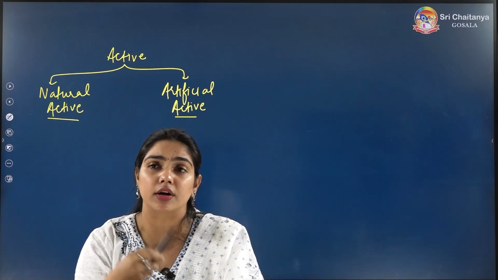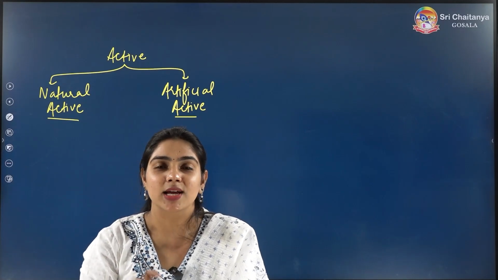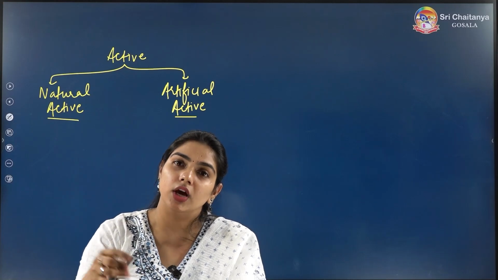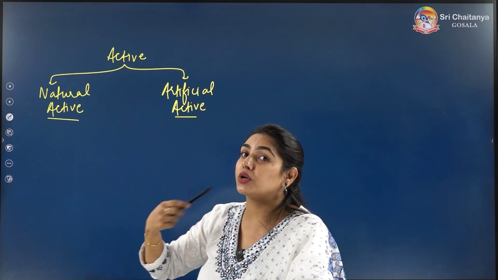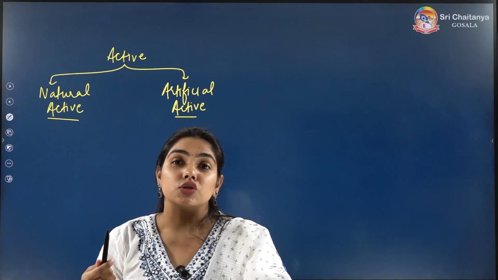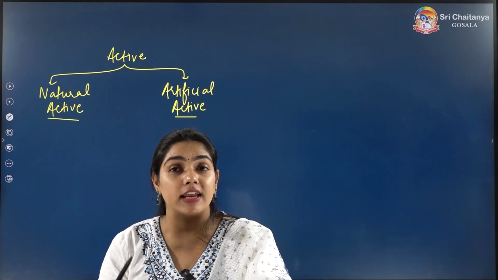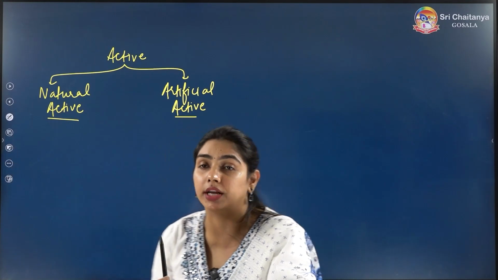Naturally it is coming into my body. Nobody is telling the pathogen, you go to Madhu ma'am's body. This pathogen is coming to my body on its own. So now my body will produce what? Antibodies. So natural active immunity is developed when the pathogen naturally comes into the host body.